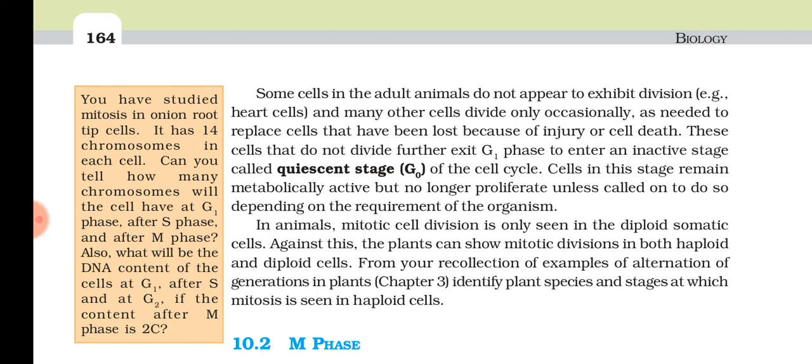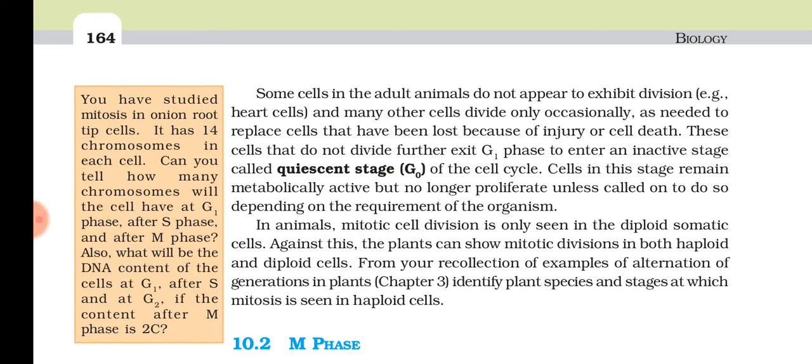But in animal cells, it is not like that. In animal cells only the diploid somatic cells can undergo mitosis, and in plants, both diploid and haploid cells can undergo mitosis.